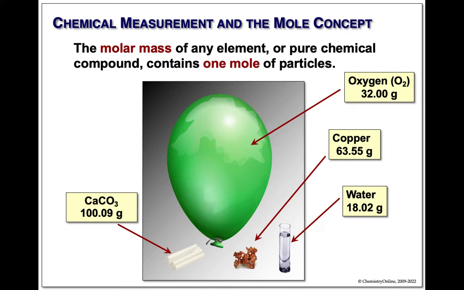Basically, if you wanted to react, say, copper with oxygen, we would know if you wanted to react 1-to-1, you would want 32 grams of oxygen and 63 grams of copper. They both contain exactly the same number of molecules or atoms. Isn't that amazing?